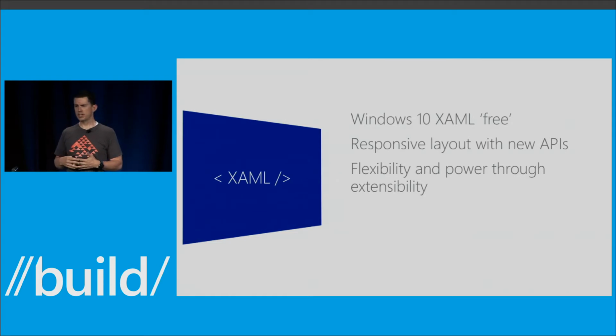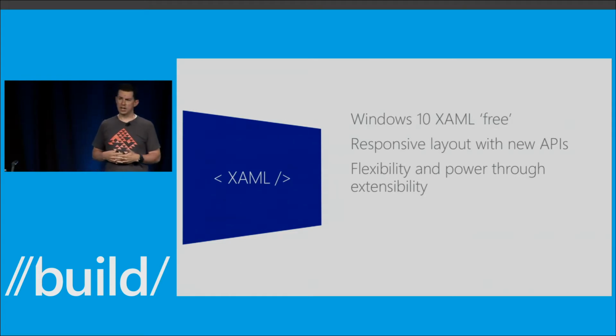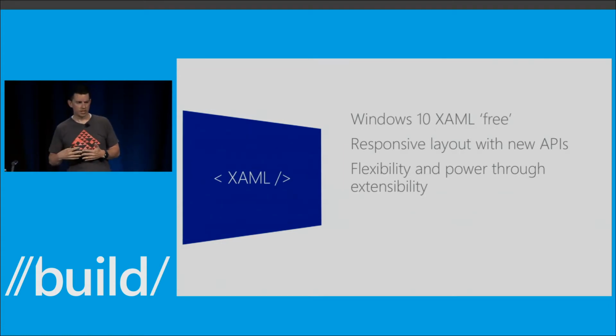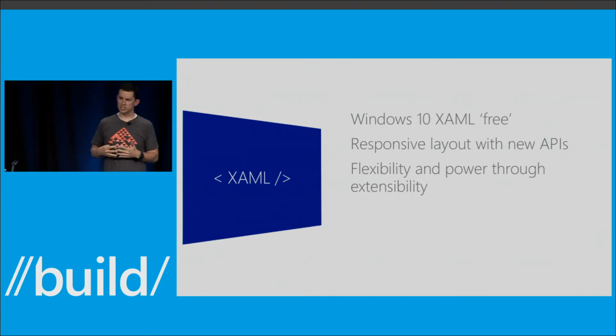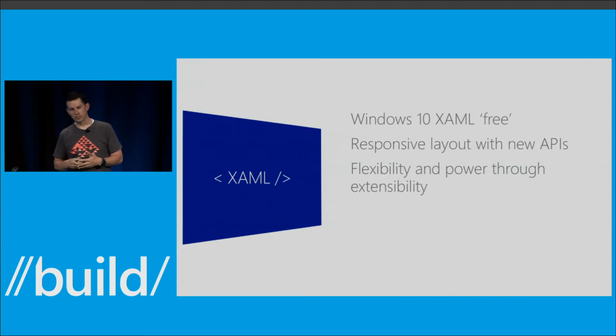Then the second thing we want to demonstrate is the new APIs that we've provided in the XAML framework that allow you to go that next level deep and really start to tailor your application. And then we want to demonstrate that XAML continues its extensibility platform and show you some ways that you can extend those things for your own specific needs. And if there are things out of the box that don't meet your needs, how you can fill those.